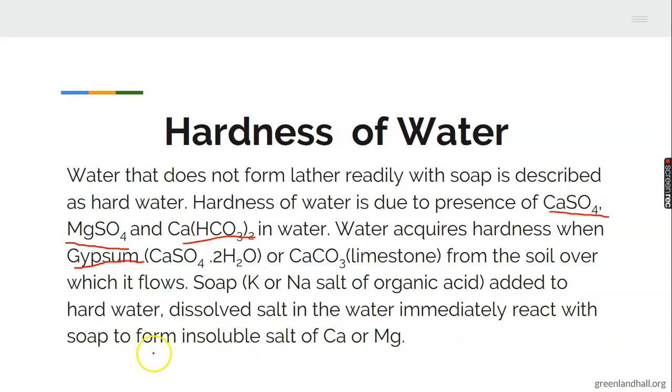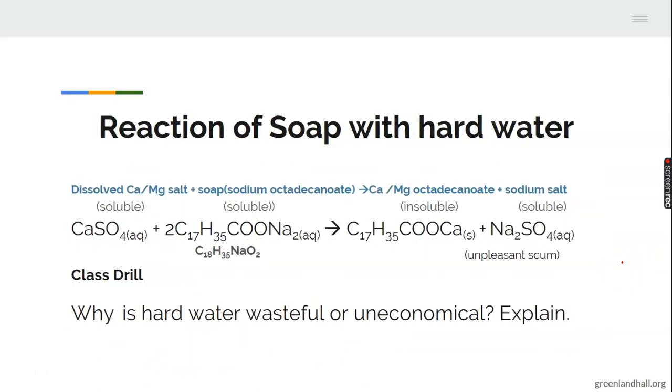The dissolved salt in the hard water is either the calcium salt or the magnesium salt, or the calcium salt of calcium hydrogen carbonate. They are dissolved in water immediately and react with the soap to form insoluble calcium and magnesium salts. Let me show you here.